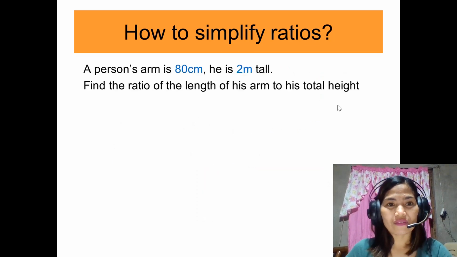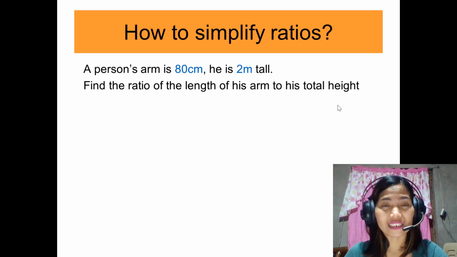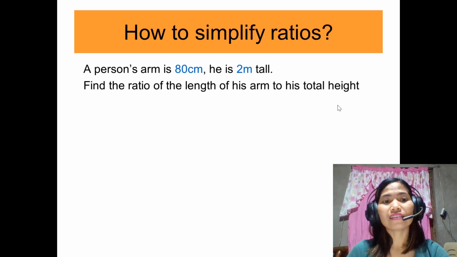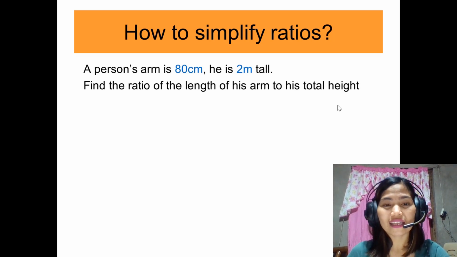Another example, a person's arm is 80 centimeters long and his height is 2 meters tall. Find the ratio of the length of his arm to his total height. We will notice that the person's arm and his height have different units.